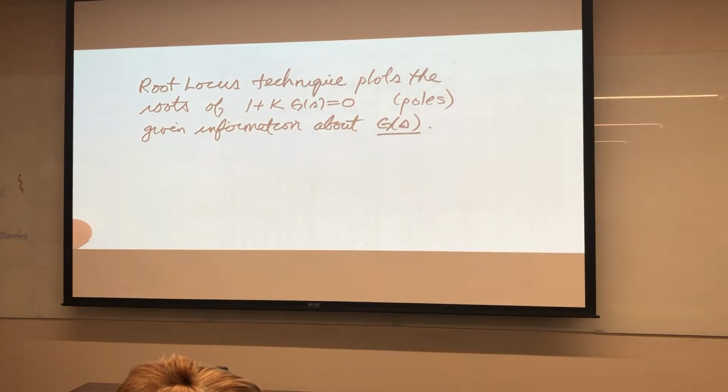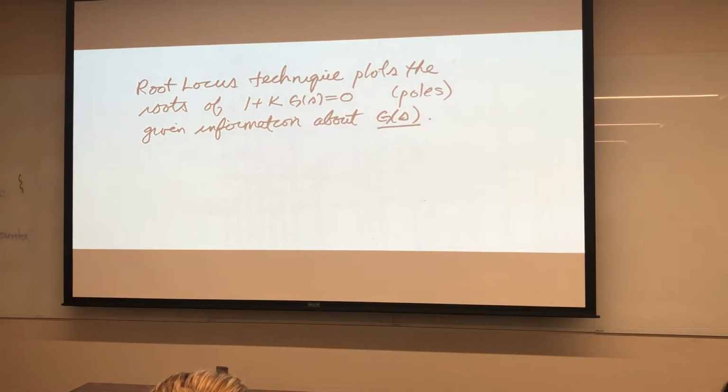Remember when we did frequency response design, we talked about things like phase margin, gain margin, the stability margins. These are characteristics of control systems. But how did we do it? We plotted the open loop characteristic, and from the open loop characteristic we got an idea how the closed loop system was going to behave. The root locus technique is similar.